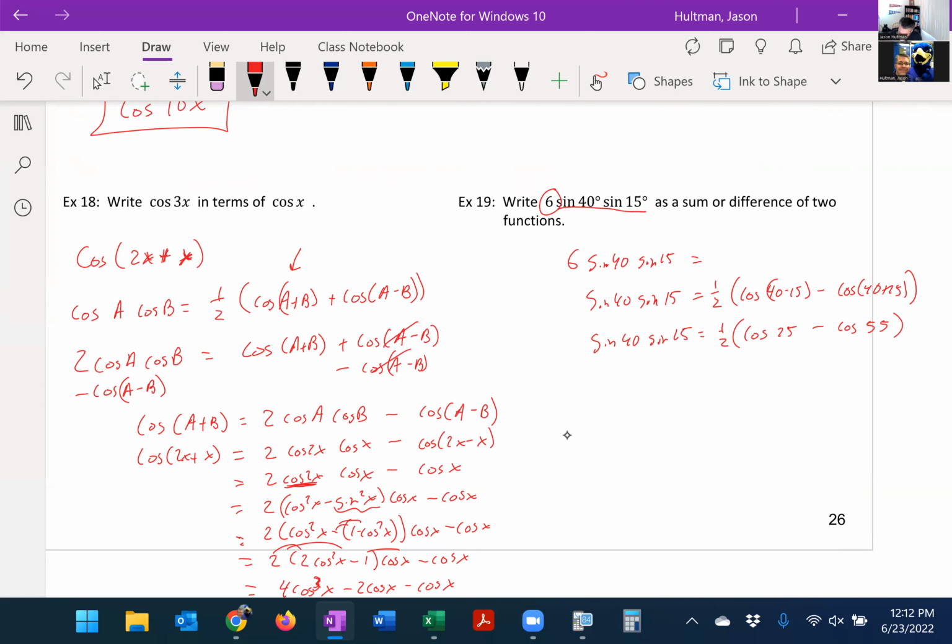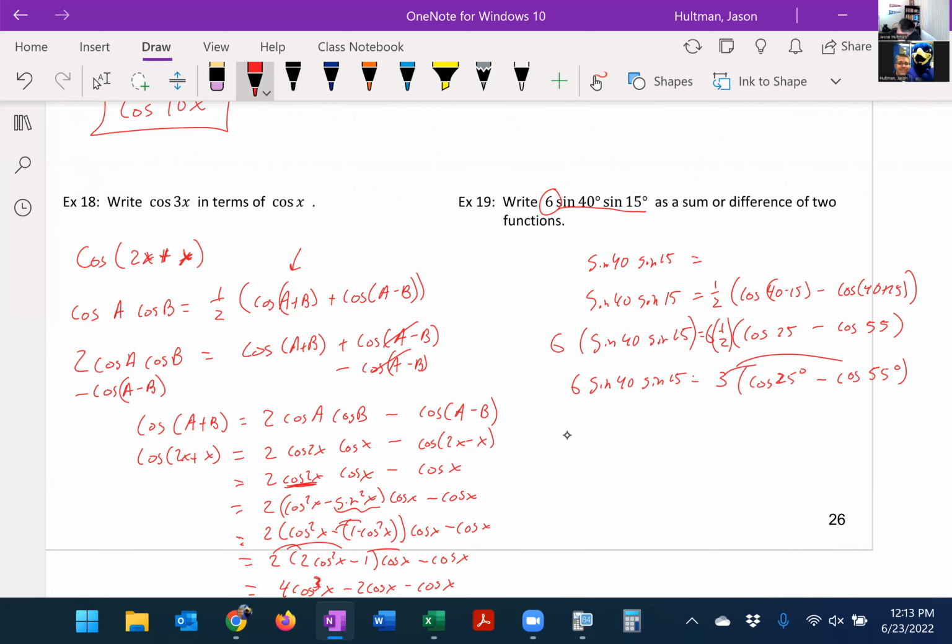So I'm going to plug my 6 back in by multiplying 6 on both sides. And so this becomes 6 sine 40 sine of 15 is equal to 3 times the cosine of 25 degrees minus the cosine of 55 degrees.